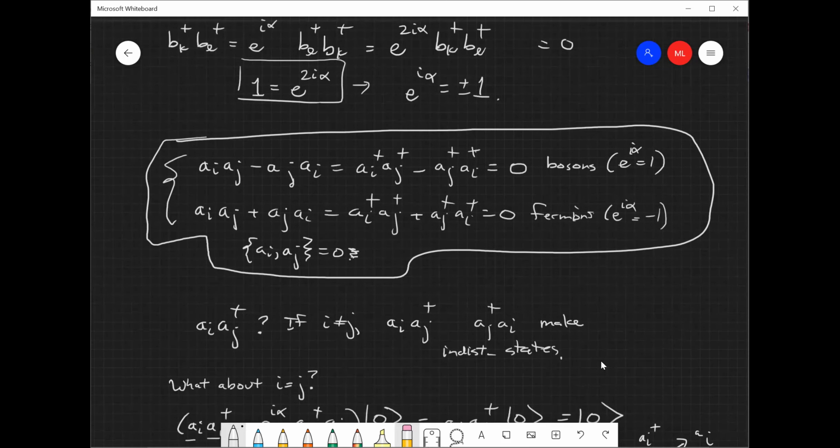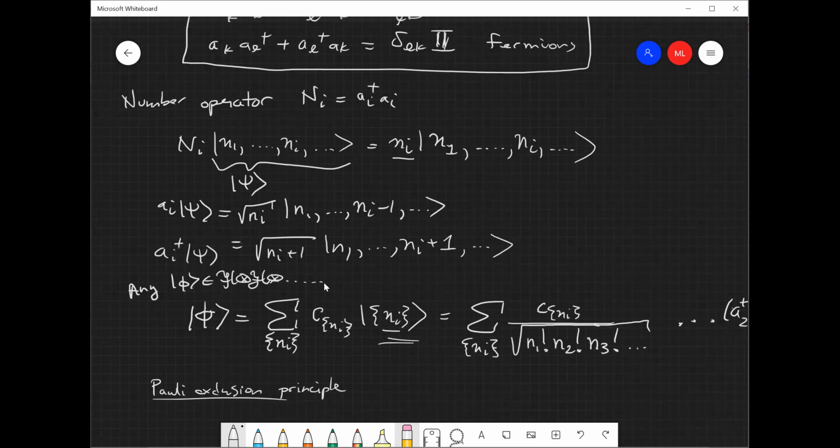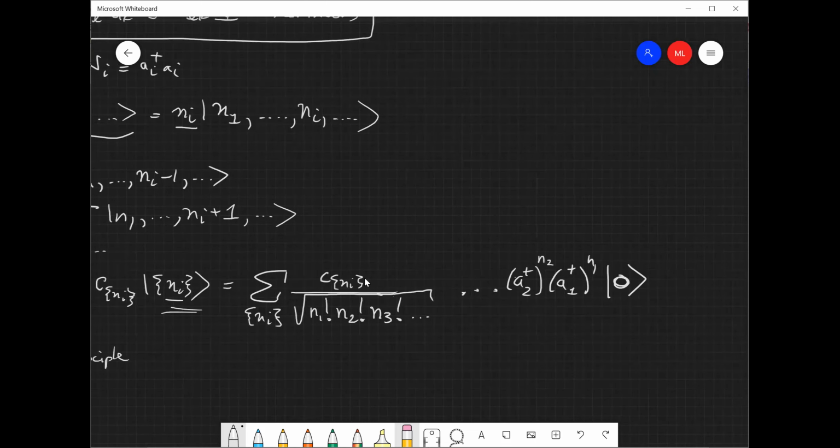So again, the idea is that our Hilbert space, which includes an n-fold tensor product of single particle spaces, can be represented using occupation number states. That's our basis for that space. And so any state is going to be some linear combination of the occupation number states. And each of those states we can write in terms of the creation operators.